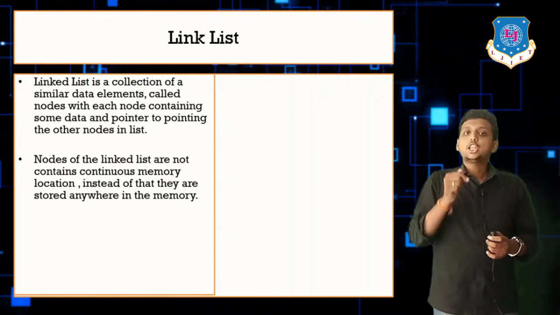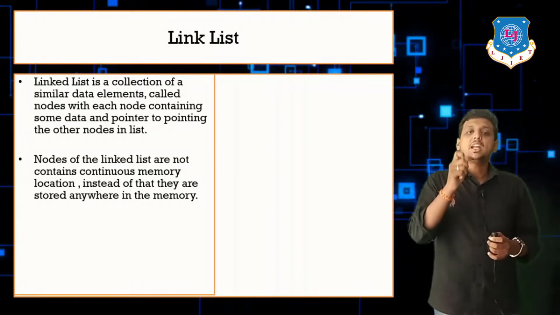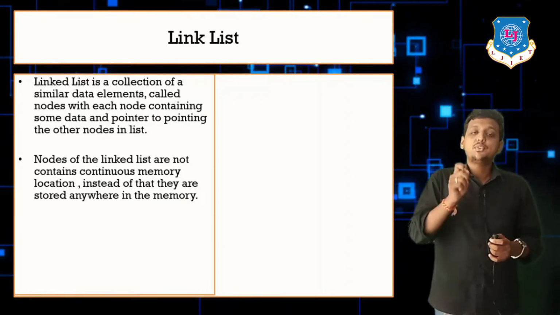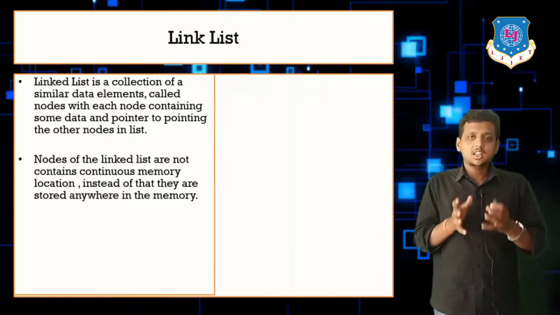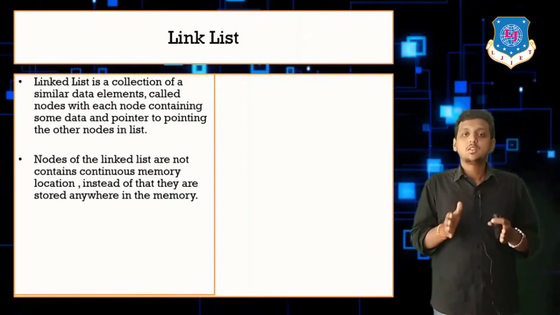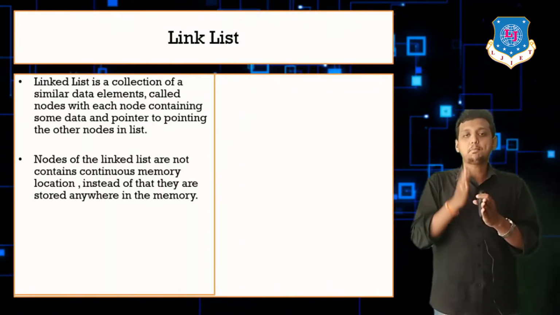But when I talk about the linked list, the first node address, remember, I'm not talking about the elements, I'm talking about the nodes which contain both data element and pointer.